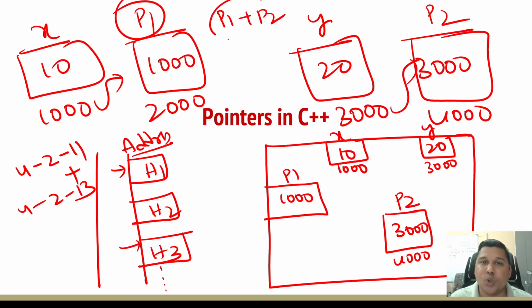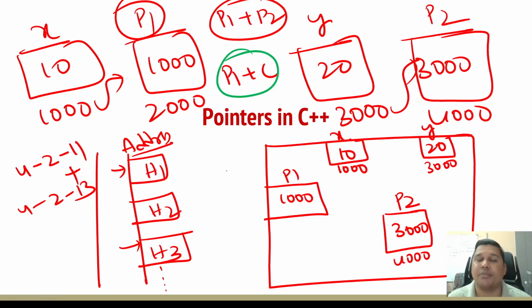So between two pointers, we cannot perform addition operation. We can perform addition operation with a pointer plus a constant. Why? See, house 1, H1's address is 4-2-11.